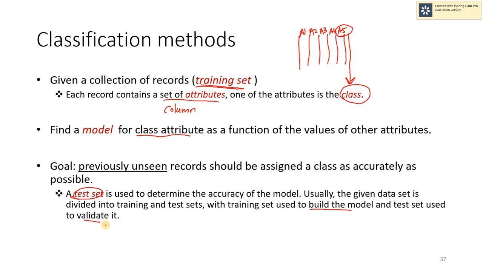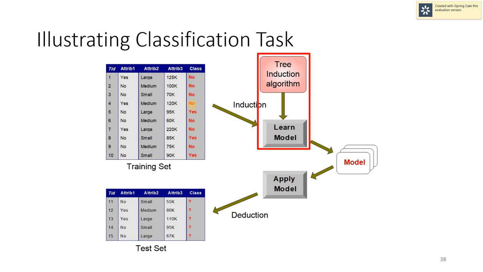Let us see in detail what the training set and test set are. You have a database here, or a data set, for example a tax data set. In your data set, you have to divide it into two sets.